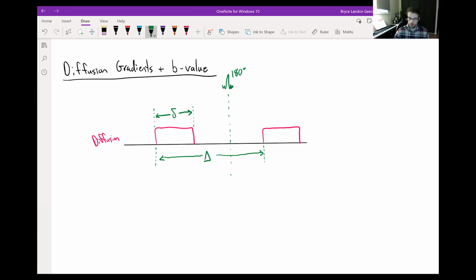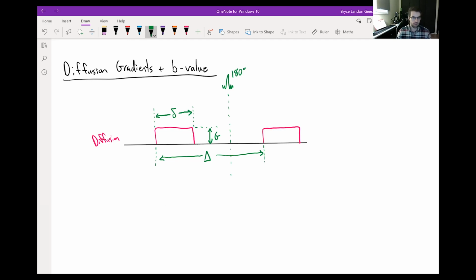And the third factor that matters here, I'll draw on the left one again, is the amplitude of your diffusion-weighted gradient, which is a big G. And all of these things come together in an equation that I'm not going to draw out here. We definitely can. It's not that complicated, but I don't think it really matters until you're defending, and then you're going to need to look it up anyway to remember.